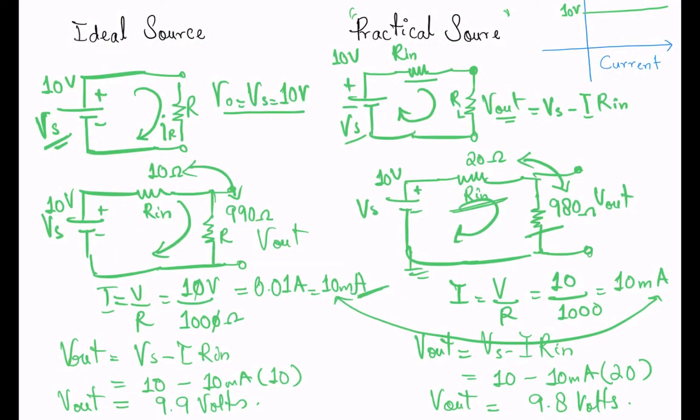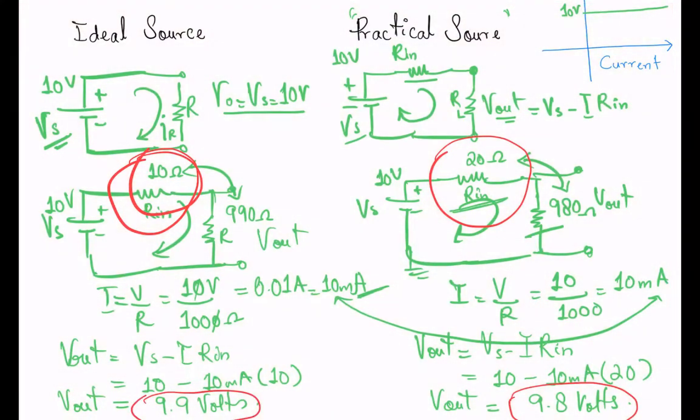When I increased the resistance two times, the voltage decreased to 9.8. When it was 10 ohms, it was 9.9, which means we would want this internal resistance in a practical source to be as small as possible, so V out is closest to Vs. This resistance is very tiny and usually in the range from 7 to 49 ohms.